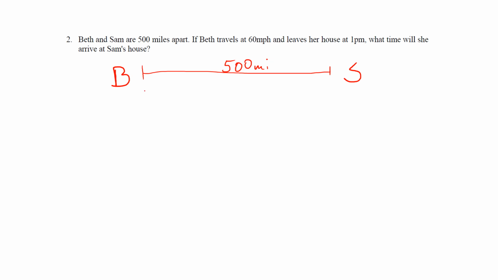She starts traveling at 1 p.m. and she's going 60 miles per hour. What time will she arrive at Sam's house? All right, so this is all the pertinent information we have. We have 500 miles, 60 miles per hour, and leaves at 1 p.m. So we want to know at what time X she arrives here.